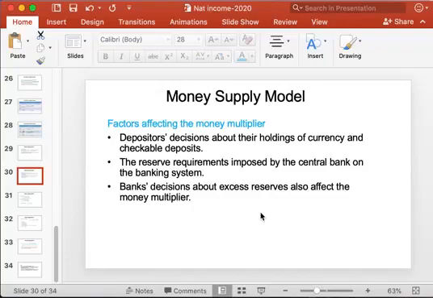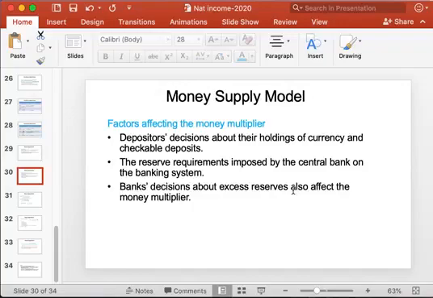Okay, so money supply can also be affected by the bank's decision about excess reserve. What do the banks want to do with the excess reserve? Do the banks want to provide the excess reserve as loans to the general public?